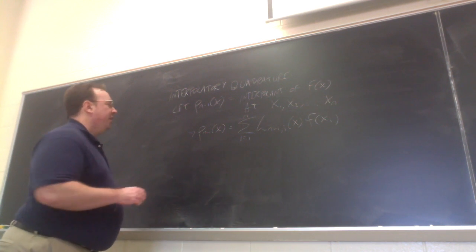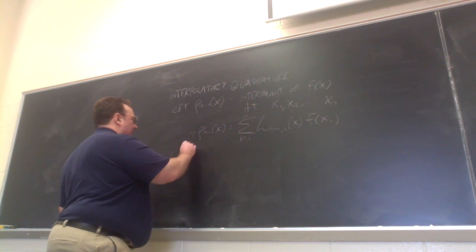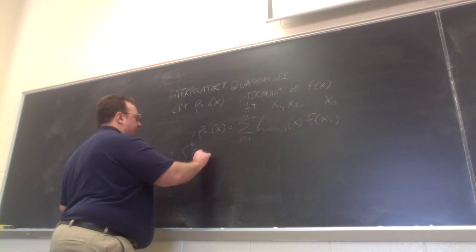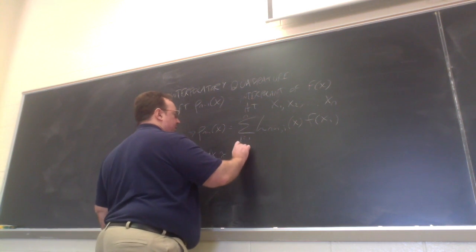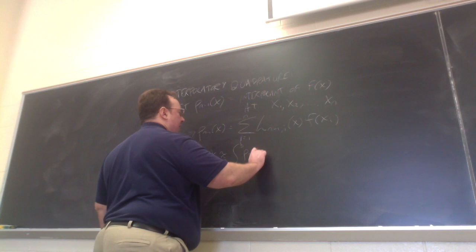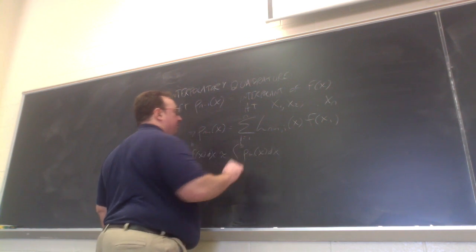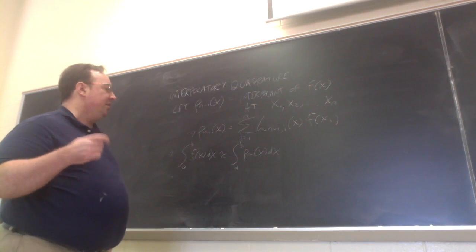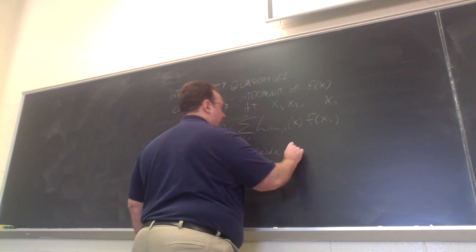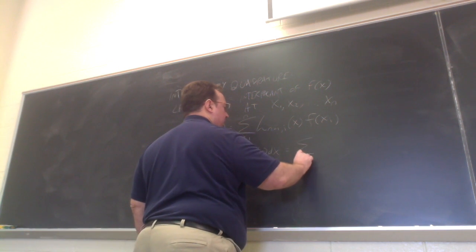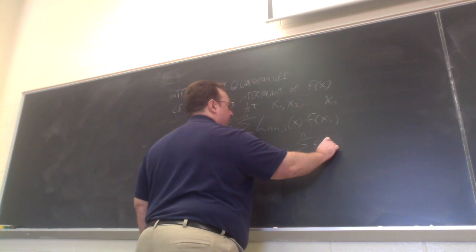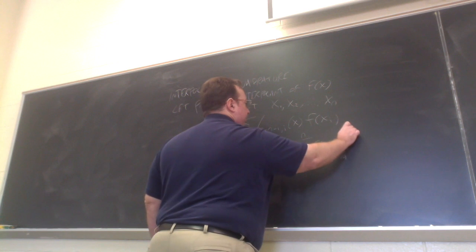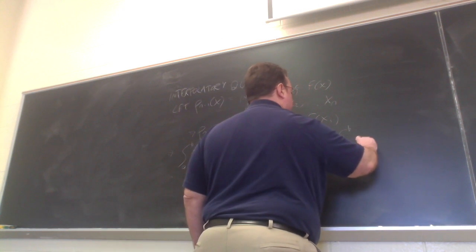Okay, so now I can say that the integral of f is approximated by the integral of P_{n-1}, and that we can compute exactly. But because the integral is linear, I can write this as a sum of my f values at the nodes times the integrals from a to b of my Lagrange polynomials.